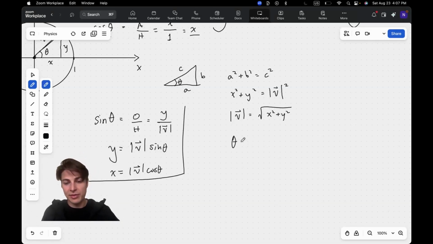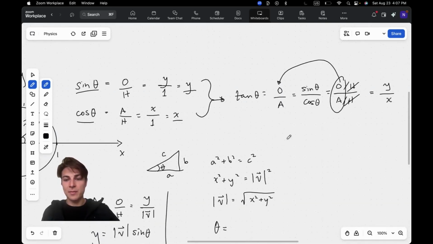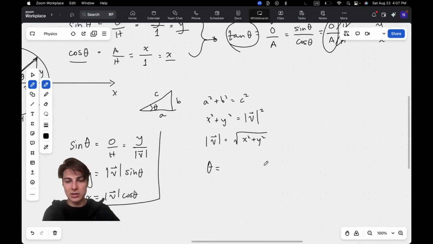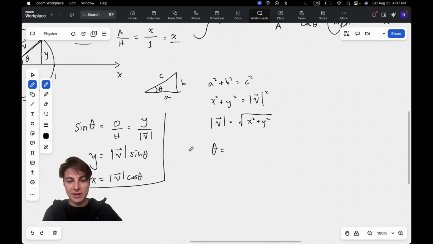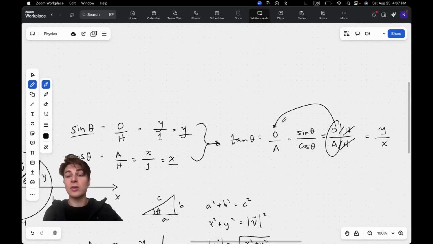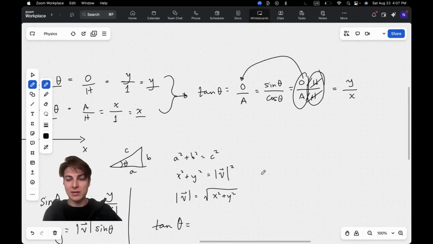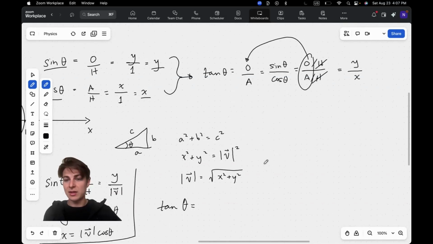Well, then you have theta equals, this is where we're going to use the tangent. The fact that tangent of theta is equal to, remember, regardless of what the hypotenuse is, this is why this is so key. So if you haven't found the magnitude yet, you don't know what the hypotenuse is.